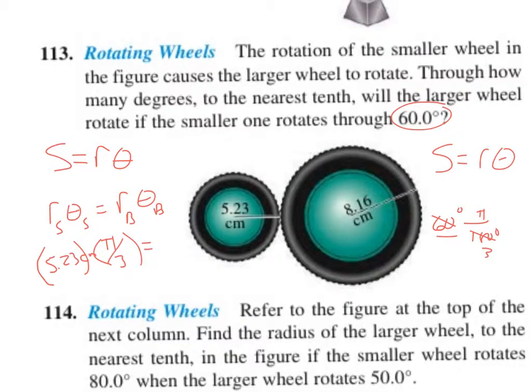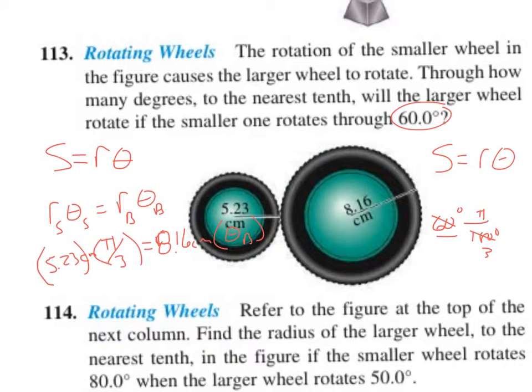Now the question is, through how many degrees does the larger wheel rotate? So we don't know the angle of the bigger wheel. We do know the radius of the bigger wheel is 8.16 centimeters, but we don't know the angle.